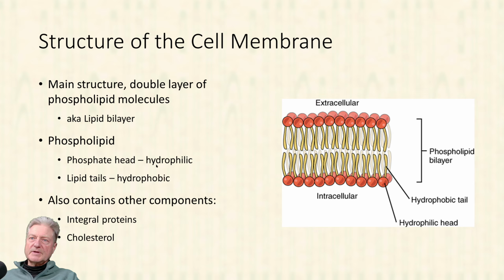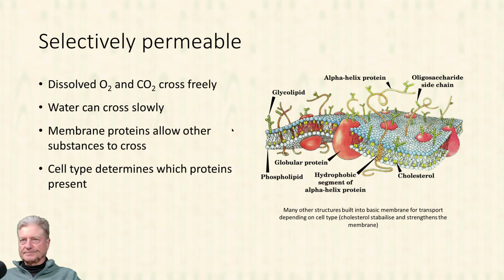Some things do cross the membrane, oxygen, carbon dioxide, quite freely, but other larger molecules find it very difficult. Okay, so we call the membrane selectively permeable, and selectively permeable is because the cell itself can select which proteins it puts into that membrane.